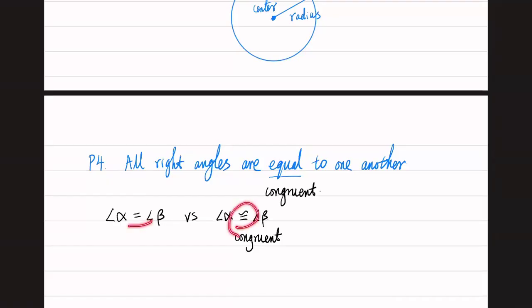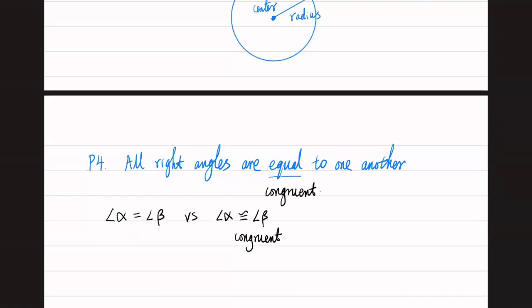Amy, what do you think? Equal and congruent, what's the difference? Well, if you say a circle is equal to another circle, I don't think that makes sense. But if you say the circle is congruent to that circle, it makes sense.